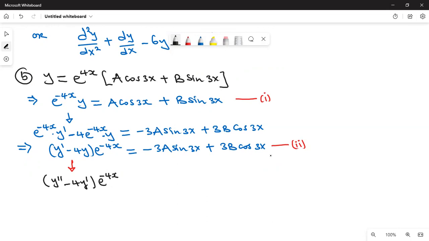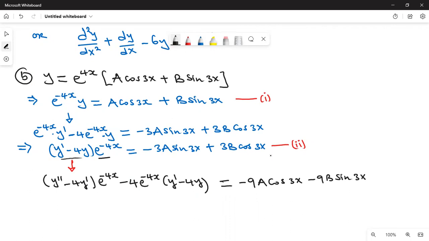Then plus, I now want to differentiate e^(−4x) while keeping the whole of this constant. So that will be −4e^(−4x), keeping y' − 4y constant, is equal to the right-hand side. When you differentiate the right-hand side, you get −9a cos 3x − 9b sin 3x.